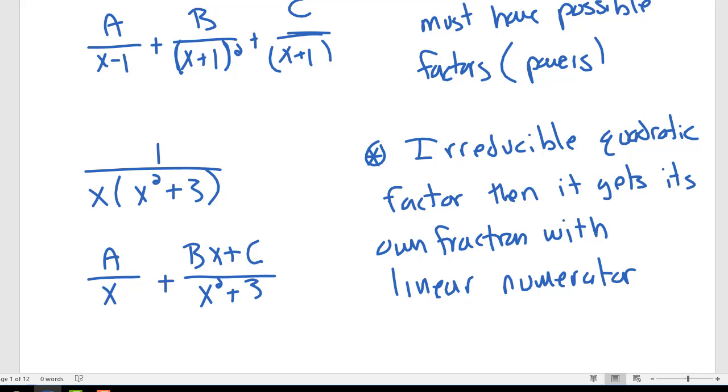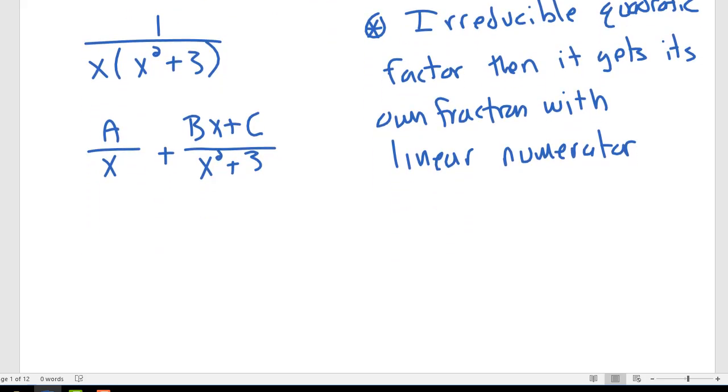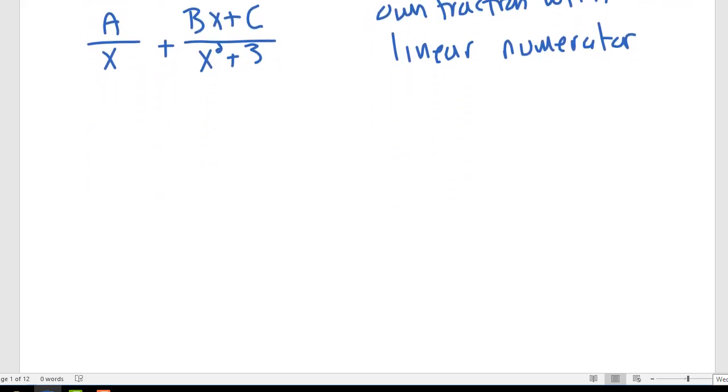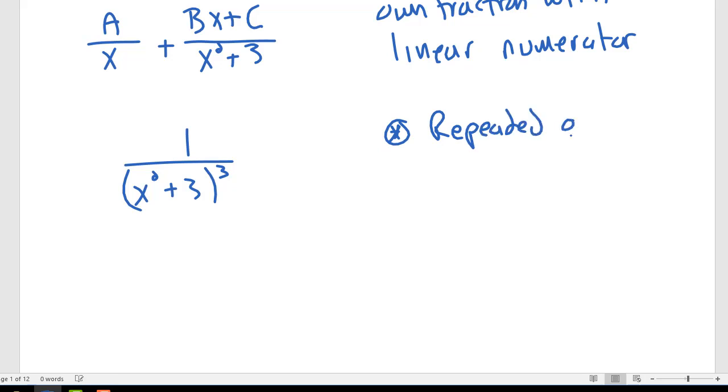Right, and then usually the next rule that you see in a pre-calculus course is, well, what if the quadratic term is repeated? Let's say we have x squared plus 3 to the 3rd power. Same thing as the linears, right? So a repeated quadratic must consider all possible factors.